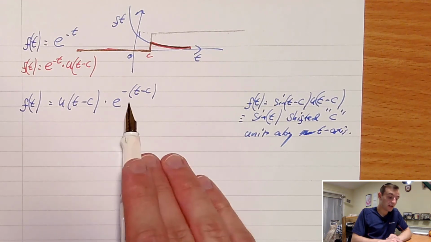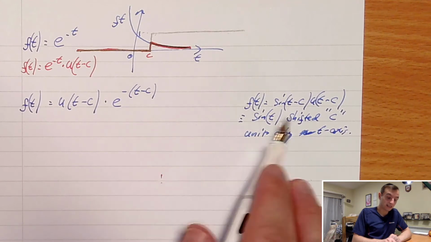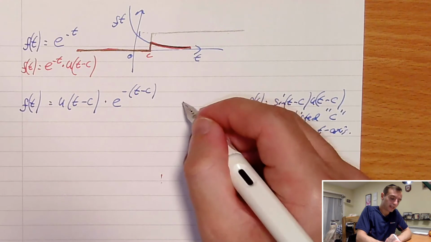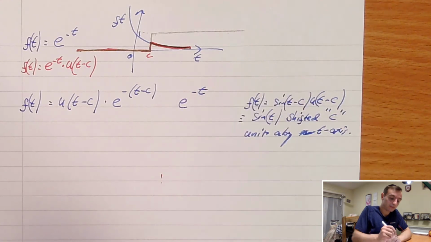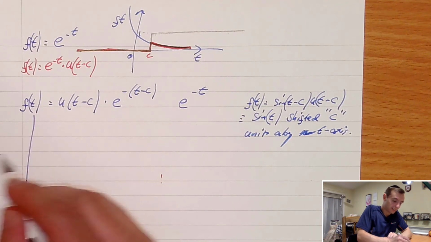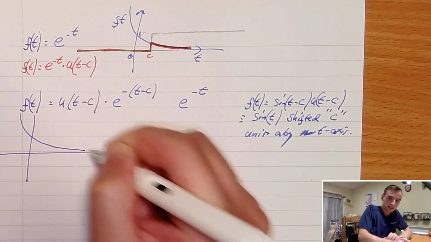The e to the minus (t minus c) is exactly the same form. So we can say that this is going to be very, very similar to e to the minus t. So I always draw at every stage. Okay. So we know that e to the minus t is going to look something like this.